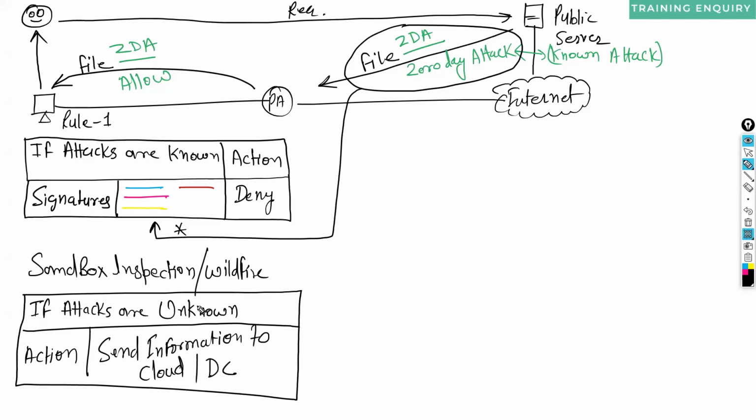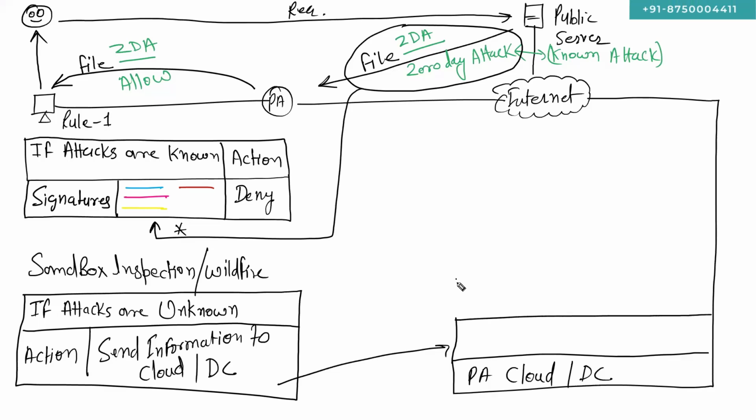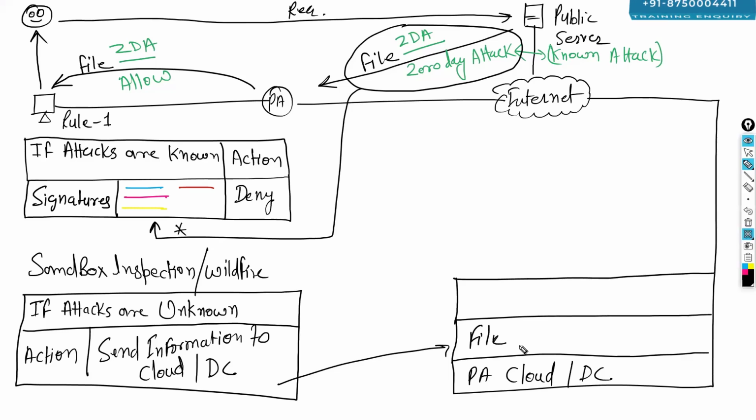So this cloud belongs to Palo Alto. At the internet, somewhere we have the Palo Alto cloud or data center. Now this firewall will send unknown attack information to the cloud. The firewall will submit the file which contains the ZDA, zero-day attack.